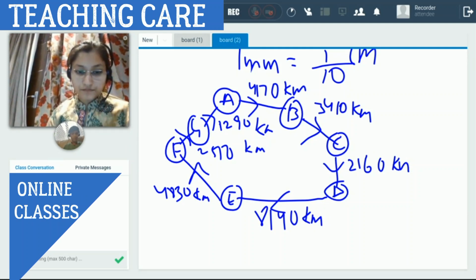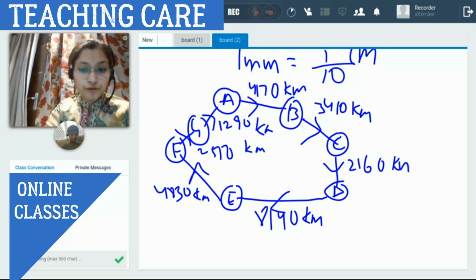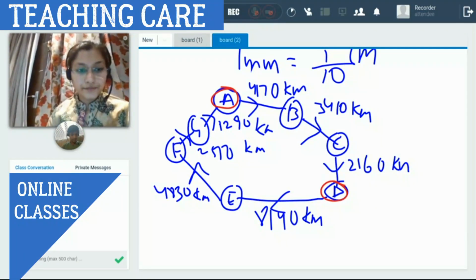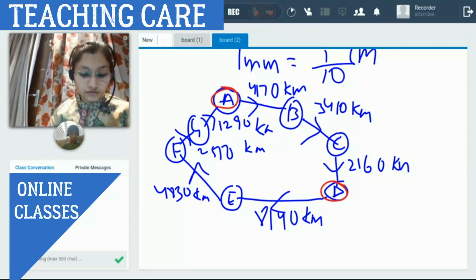We just need to calculate the total distance covered when the bus moves from A to point D, from this point to this point.